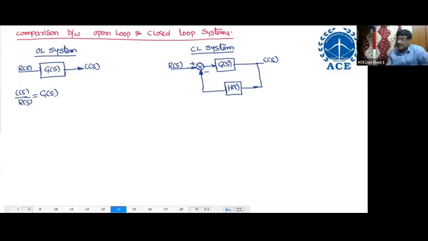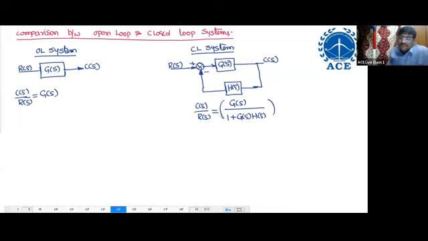What is the transfer function here? C(S)/R(S) equals G(S) by 1 plus G(S)H(S). We just derived this also, because some students have not studied it in BTech.